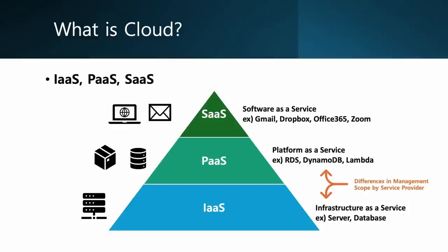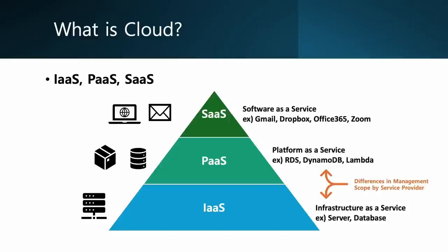For example, a developer can use PaaS to create code and upload it to the platform to run it. Examples of AWS services include RDS, DynamoDB, and Lambda. The distinction between IaaS and PaaS can be confusing, but the biggest difference is the scope of what you delegate to the cloud provider.